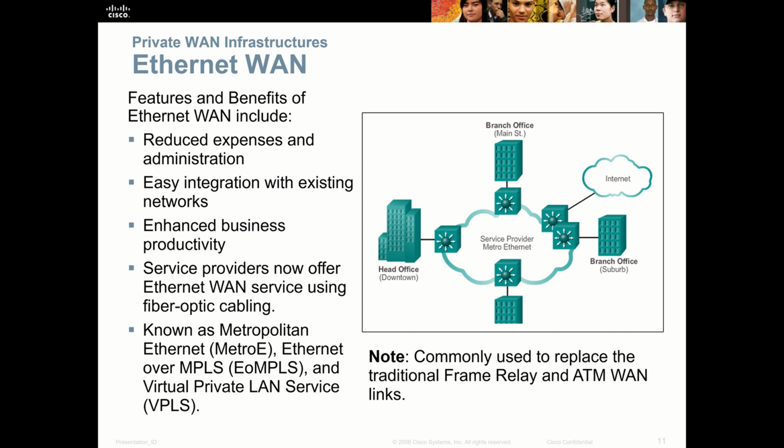Next, private WAN infrastructure. This is a really famous technology nowadays. From the explanation there, you could see that many companies have now moved to Ethernet WAN technologies, because in previous years, when we talked about connecting to a WAN, we usually used technologies that are embedded in or come together with routers.